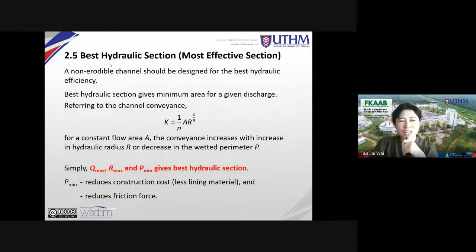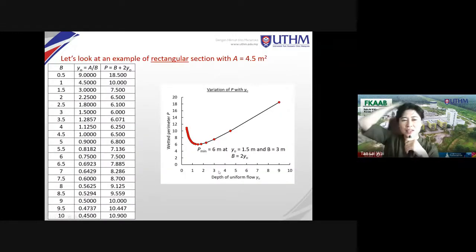Now, how are we going to get the best hydraulic section? Here again, the best hydraulic section is given when your wetted perimeter is minimum. We can actually find when the wetted perimeter is minimum. Look here. This is an example of a rectangular section.